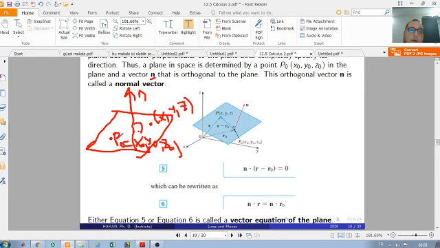Combining the points on the plane, P0 and this point P, we obtain a vector in the plane. Let's say the vector v has the components x minus x0, y minus y0, and z minus z0.